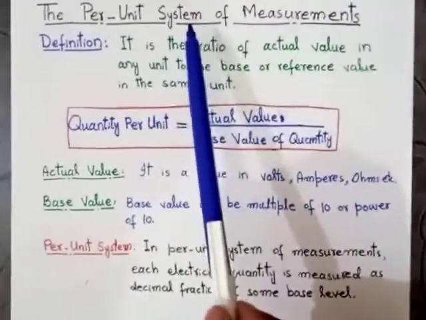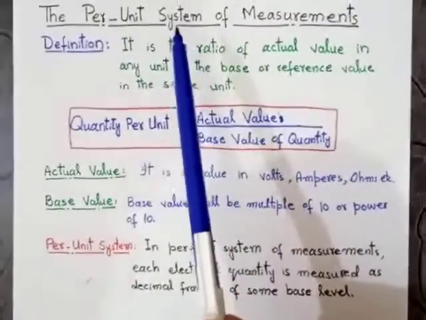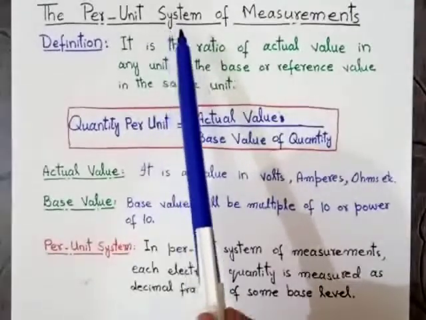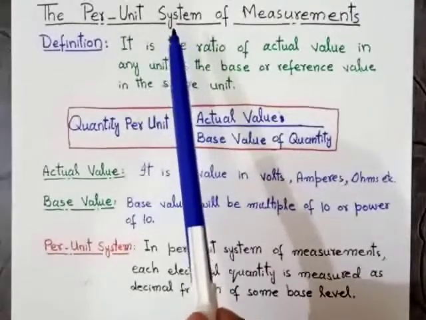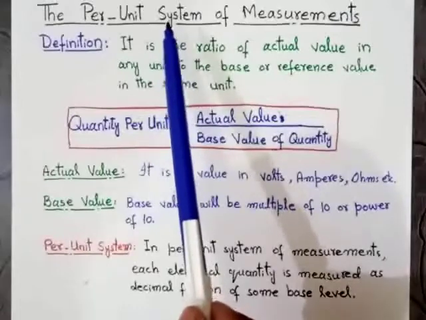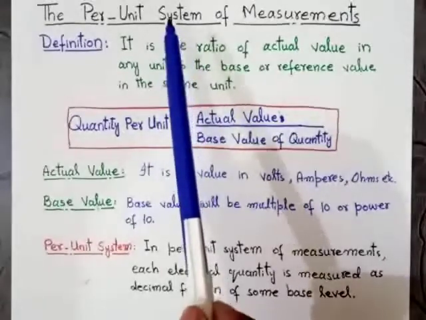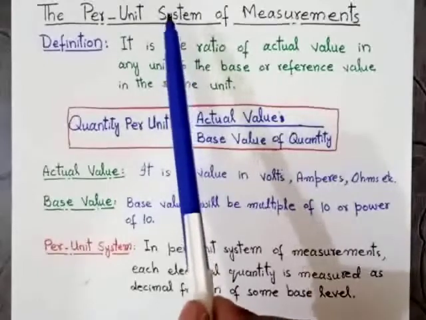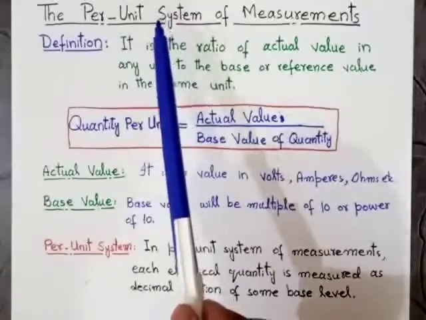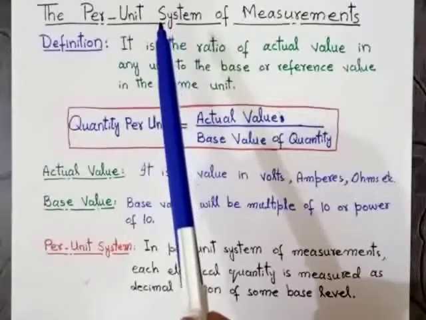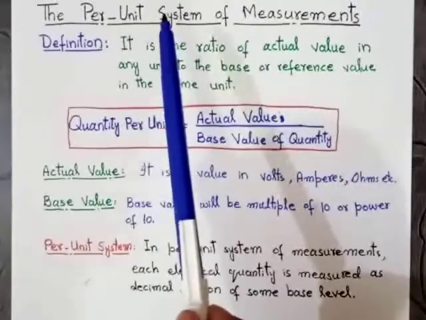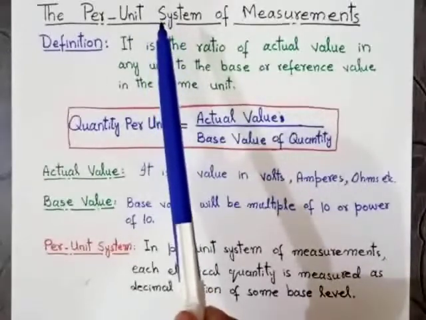Per unit system basically makes the calculation very easy when there is a transformer in the circuit. As we have already discussed in detail, when there is a transformer in the circuit, it is very difficult to solve the circuit.